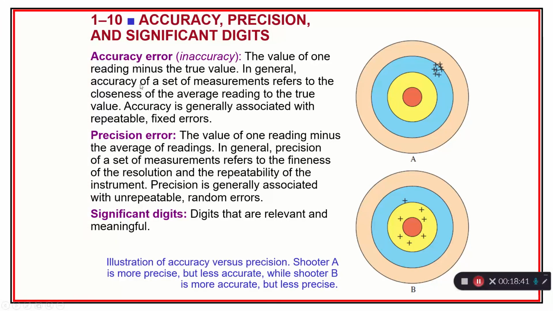In general, accuracy of a set of measurements refers to the closeness of the average. Okay, see, that always gets me. I would have thought the other way around. Boy, words are hard. So shooter A is more precise, whereas shooter B is more accurate. That's what I thought. They get me confused on these.